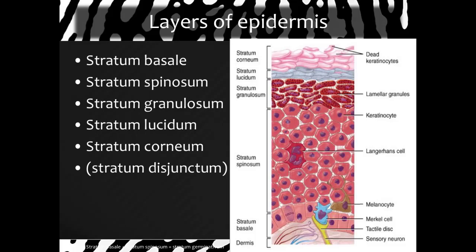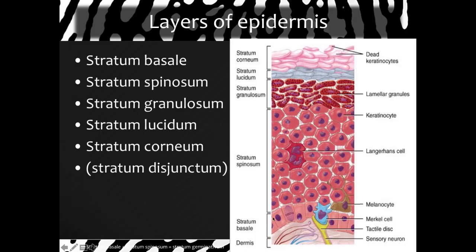They serve as stem cells, and the renewal of the epidermis arises here. So these are some kind of precursors or stem cells for the newly arising keratinocytes.